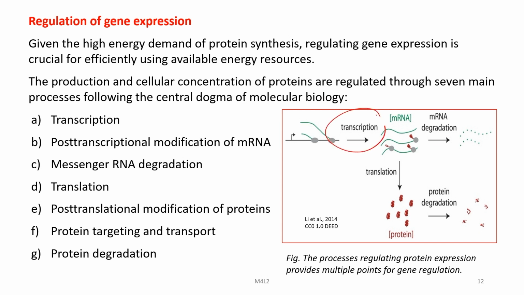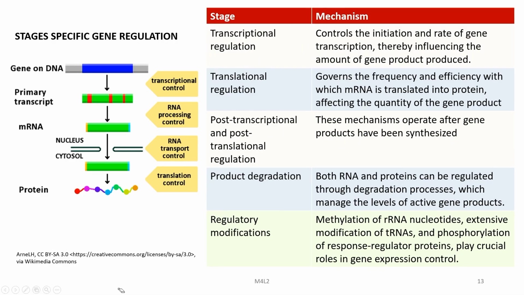Here you can see transcription happening, but then there is also mRNA degradation. Then there is translation happening, but then there is also protein degradation. So, these main processes are transcription, post-transcriptional modification of the mRNA, messenger RNA degradation, then translation, post-translational modification of proteins, protein targeting and transport, as well as protein degradation.